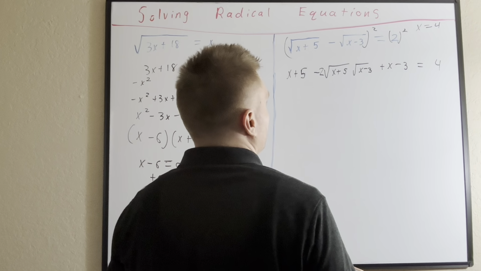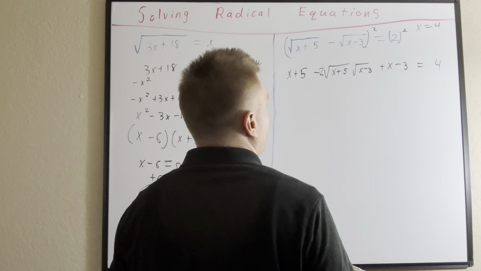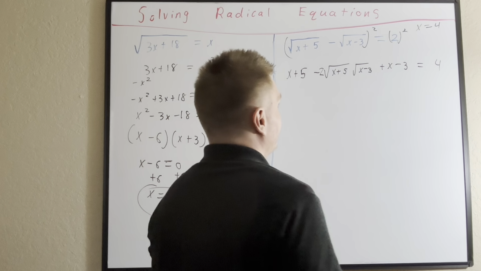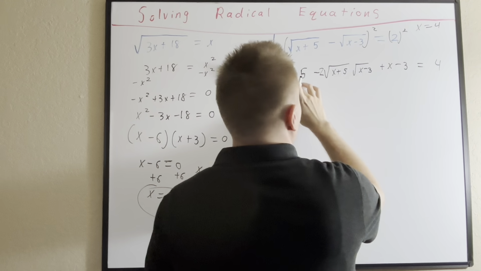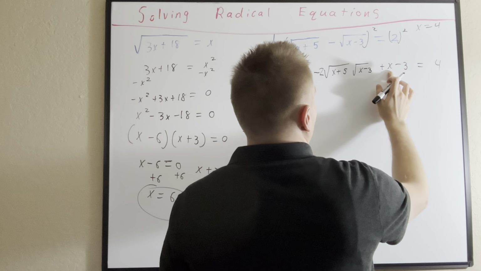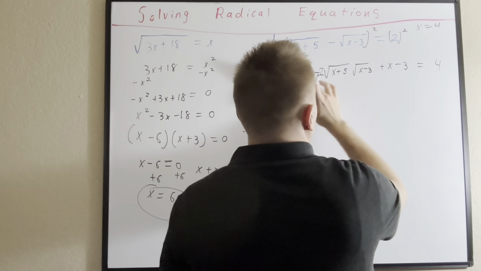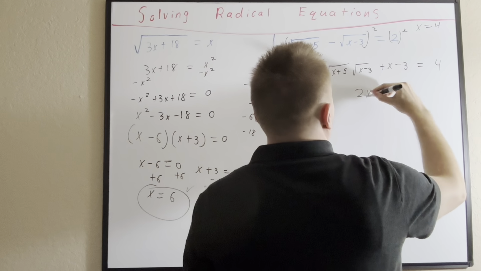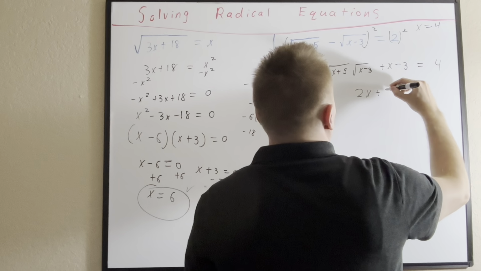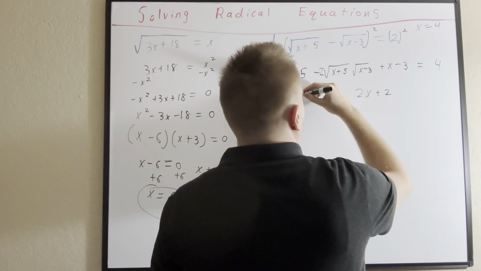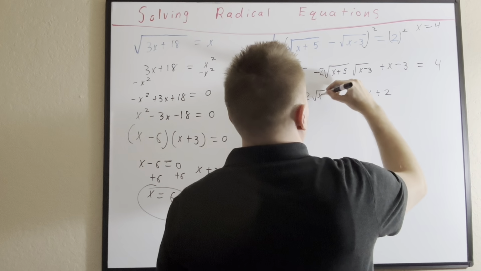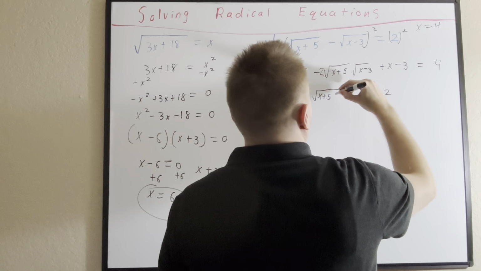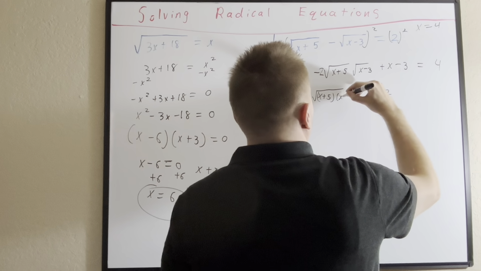Whew. Huh. I guess it was easier doing it that first way. Combine like terms, we get 5 minus 3 is 2, x plus x is 2x plus 2, and we have negative 2 square root of x plus 5 times x minus 3.